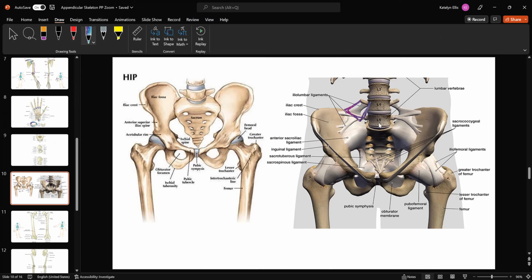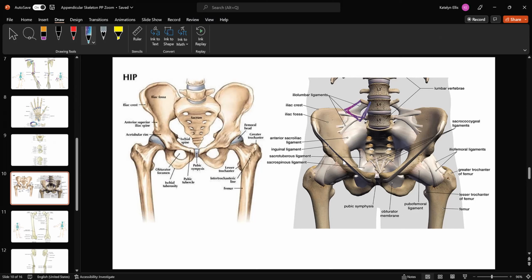You can see how deeply your lumbar spine goes into the hip here with the ligaments coming up above. This ligament actually attaches from the hip to L4, not necessarily to L5.